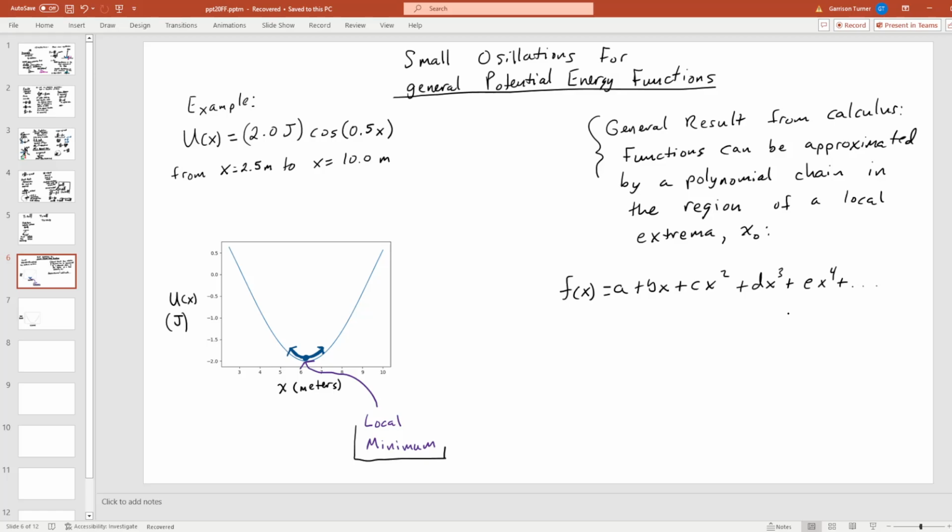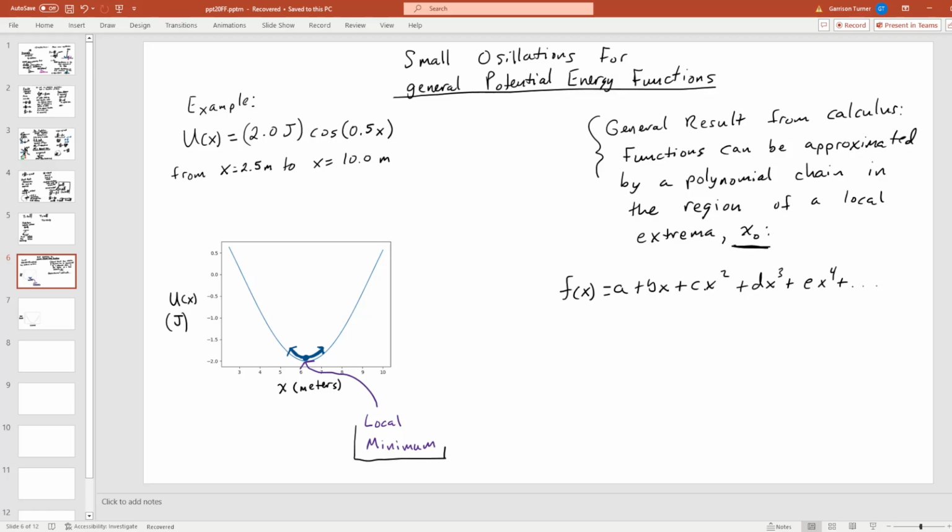So the idea is, can I find the appropriate polynomial to represent the function in the region, in this case, of my local minimum?